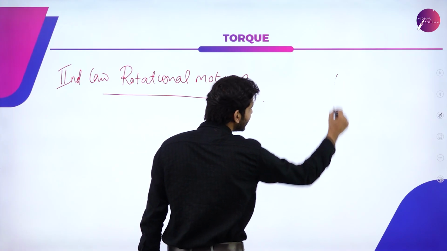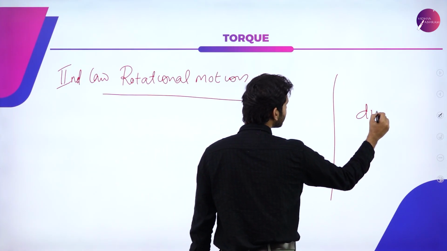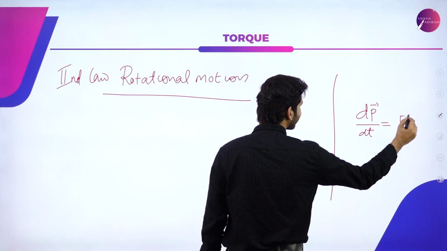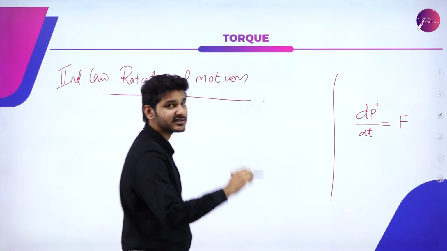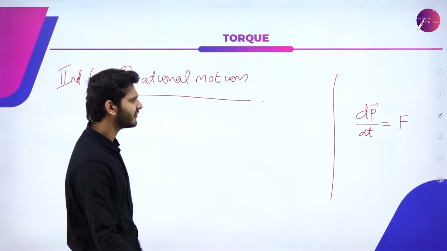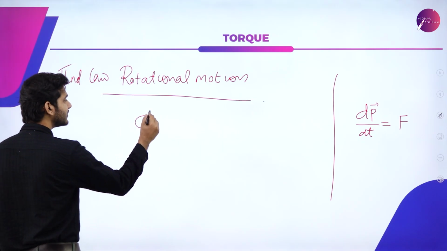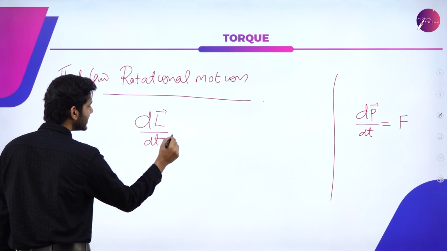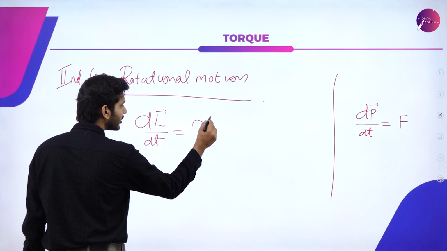That is, in linear mechanics, it was dP by dt is equal to F, or dP by dt is directly proportional to F. In this case, this will be dL divided by dt is equal to tau.